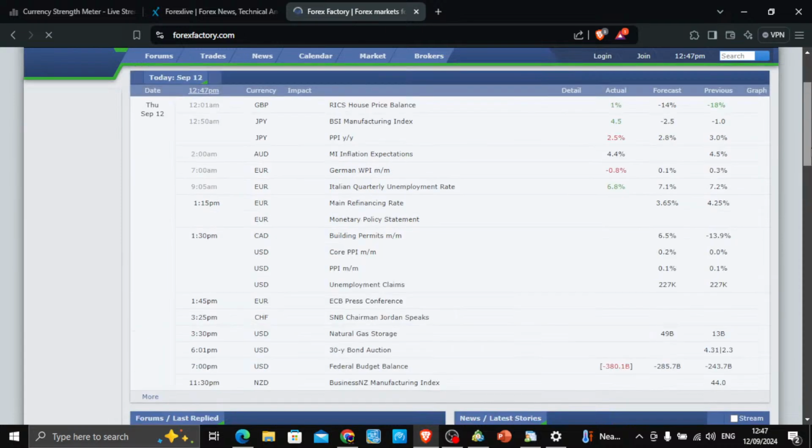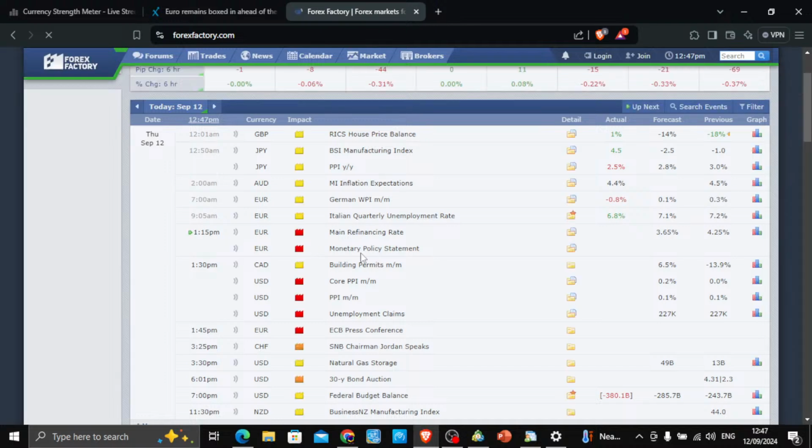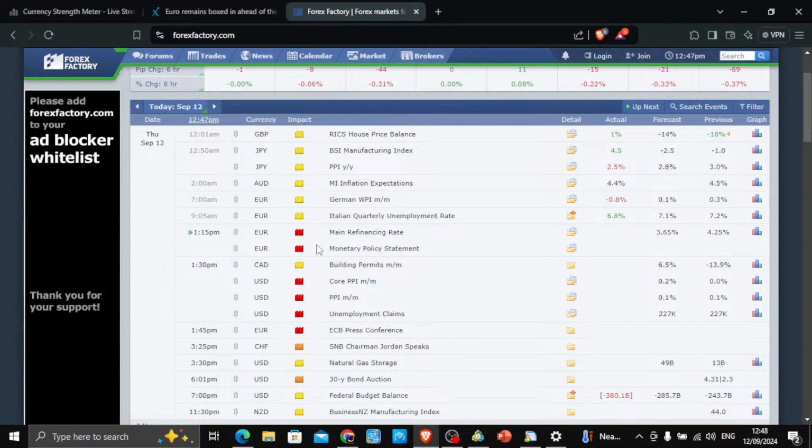Okay, yes, we have the interest rate by 1:15 p.m., less than 30 minutes from now. Then we have the policy statement, almost the same time. Then another important news, we now have a series of news. Okay, 1:30 p.m. CAD, so this one is low impact.